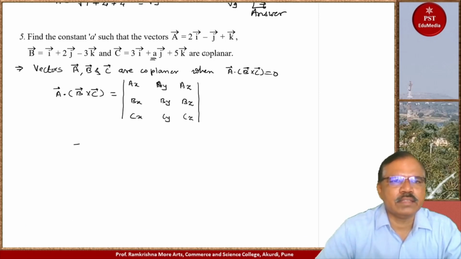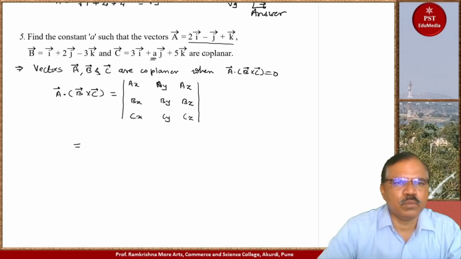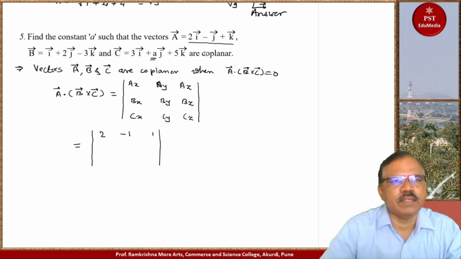If we take three vectors, vector A is this: 2, minus 1, 1. These are components. Then B is i plus 2j minus 3k: 1, 2, minus 3.